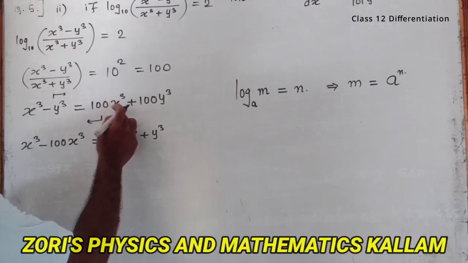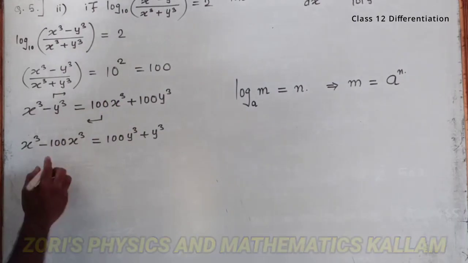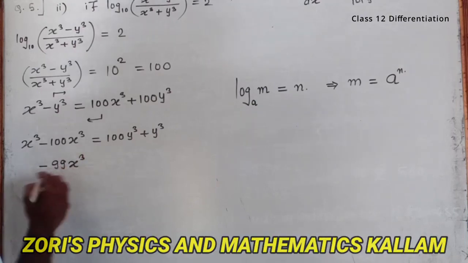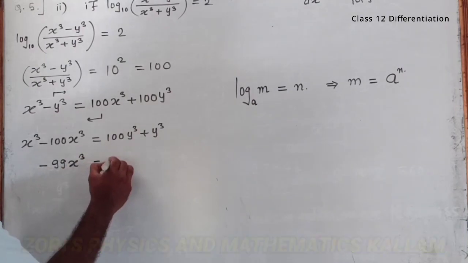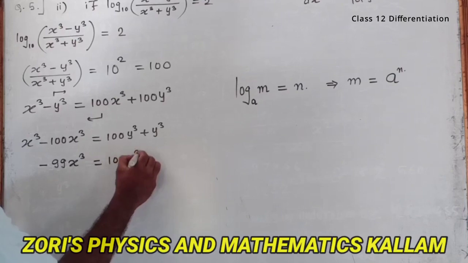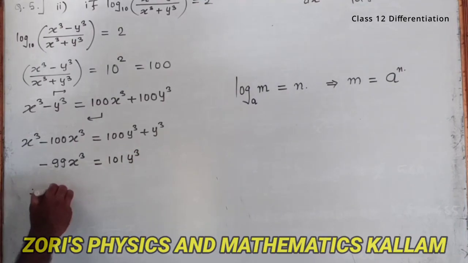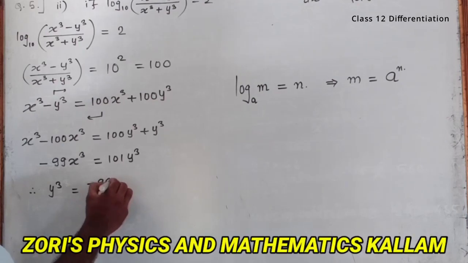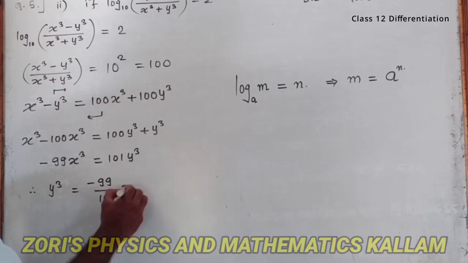Then what remains here? Minus 99 x cube is equal to 101 y cube. Therefore, y cube is equal to minus 99 upon 101 x cube.